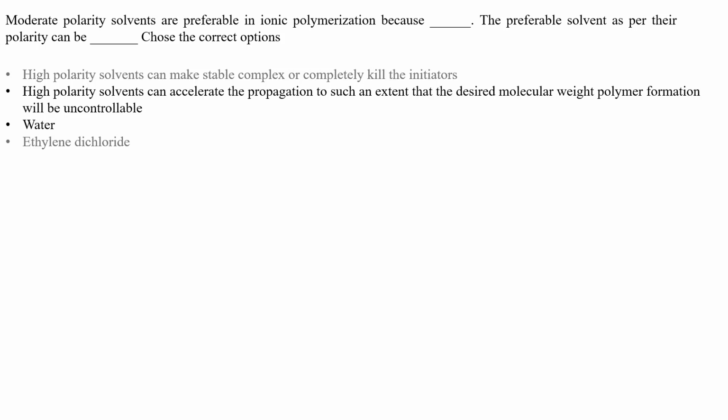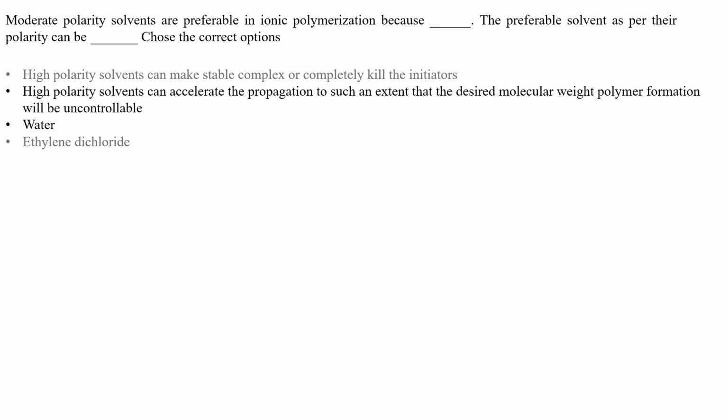And because of this, molecular weight polymer formation is not controllable. So that's why high polarity solvents can make complexes or completely kill the initiator is the correct option.